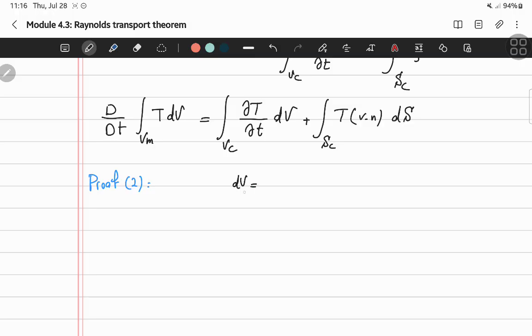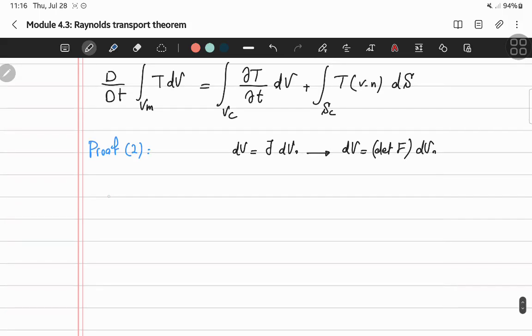We start from the volume of the deformed configuration, so we have the Jacobian times dV0, where the Jacobian was the determinant of the deformation gradient F. So if I write the integral of T dV over Vm, I'm not going to write x and t in here.